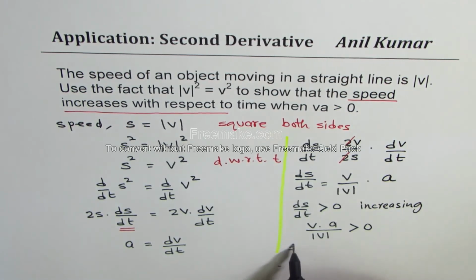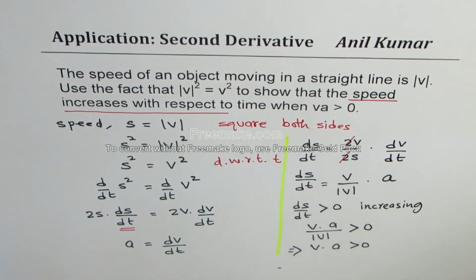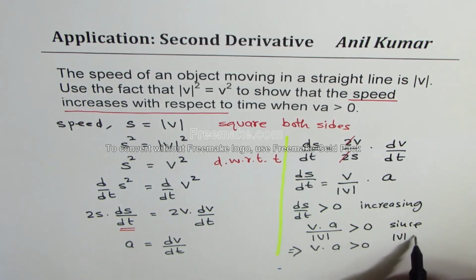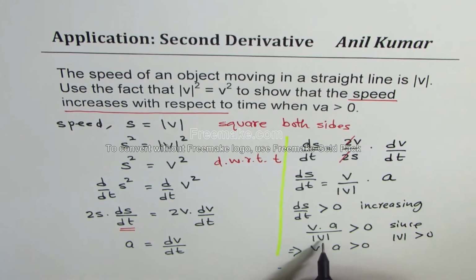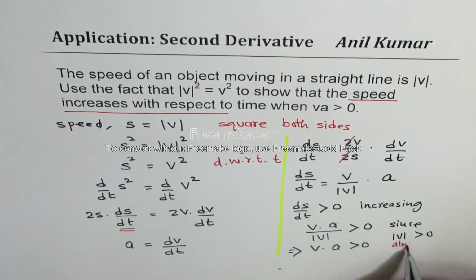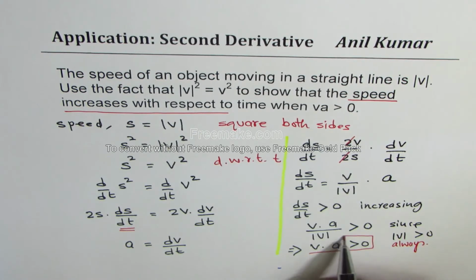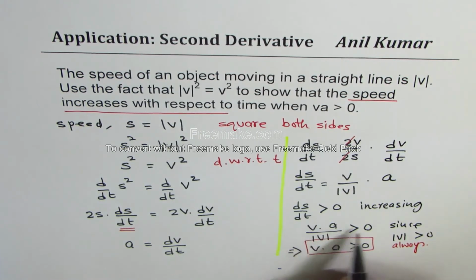And that means that v times a is greater than 0. Why? Since the absolute value of v is always greater than 0, right? So this is positive always, correct? It is always positive. So this is always true. So the condition we are looking for is that v times a should be greater than 0, correct?